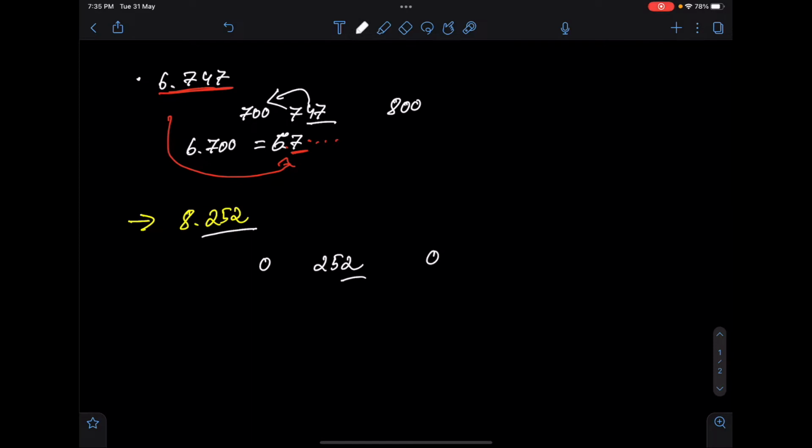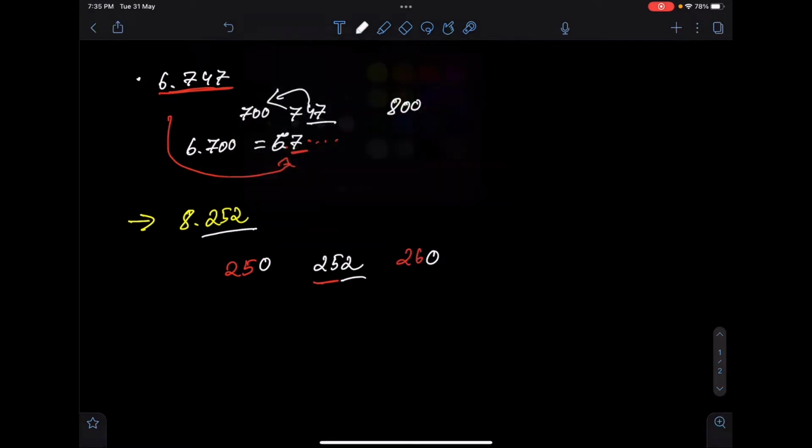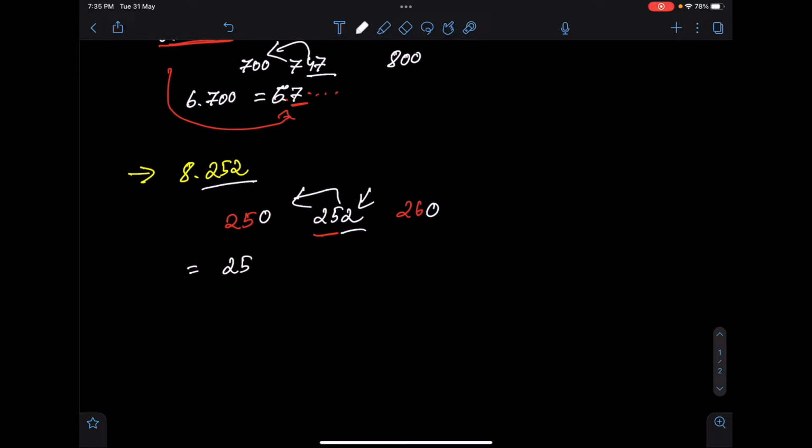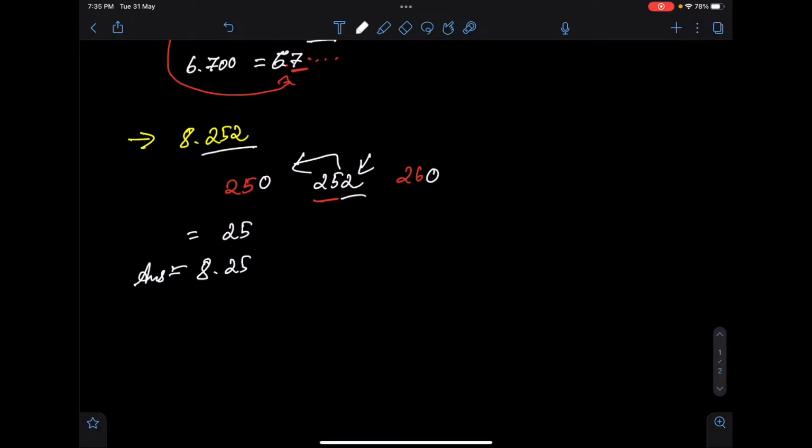We take the last digit, convert it to 0 on both sides, and this is the first part. The first part is 25, so we write it as 25 here, and 25 plus 1 is 26. So we have the two sides. Where does it go? It's 2 as the last digit, so it goes towards the left, and we have 25, and so we can write the decimal as 8.25 as the answer.